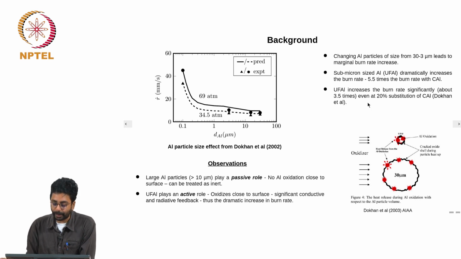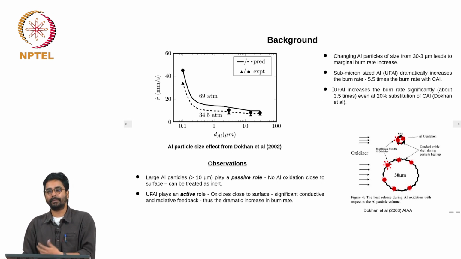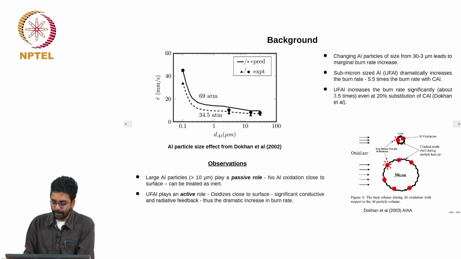So ultra fine aluminum, this is an important point, because it is known that processing a propellant with 18% nano aluminum can be quite difficult because of viscosity issues. So what was done in the study by Doken et al. is that instead of substituting all the conventional aluminum with ultrafine aluminum, it was substituted in smaller quantities, and they found that ultrafine aluminum increases the burn rate significantly.